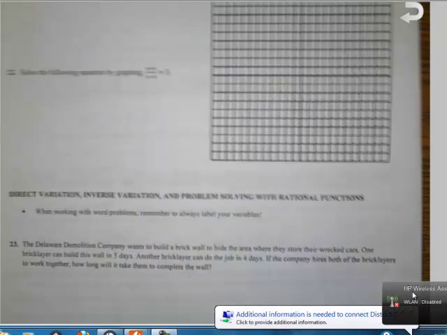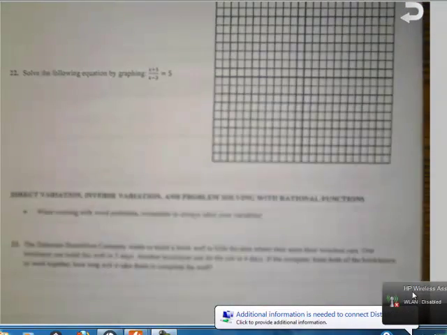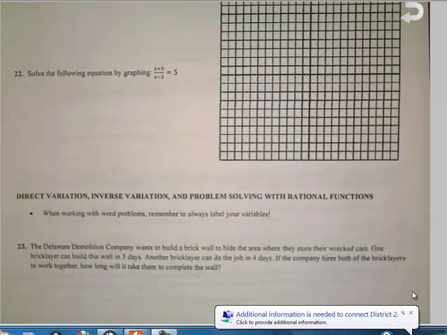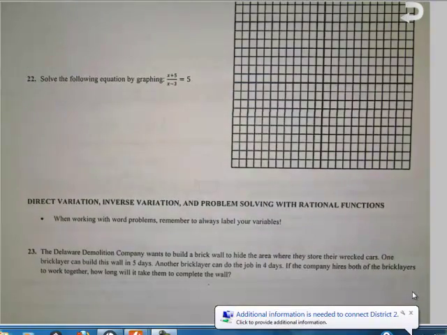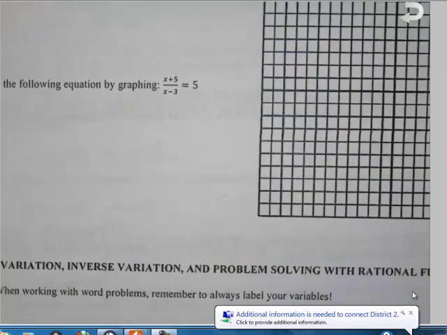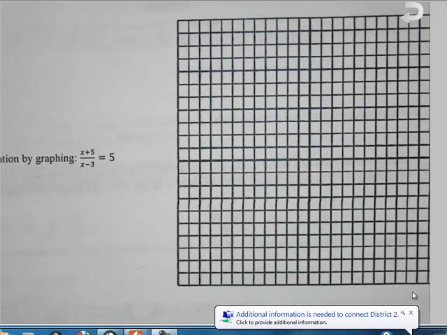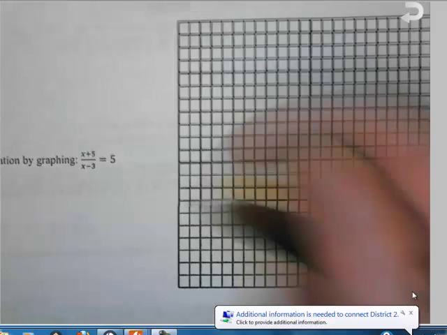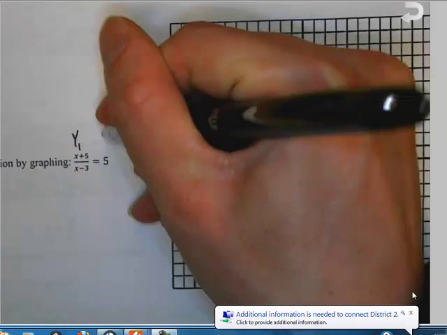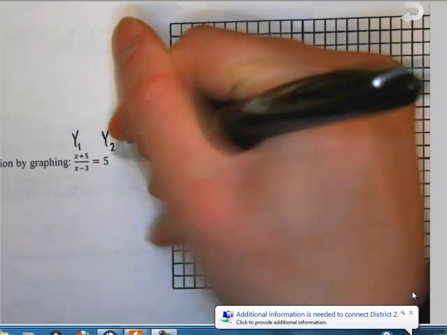All right, let's zoom that in. Get this straightened out. For 22, they were asking you to solve by graphing, and what they've done is give you the equation, so this is going to be your y1, and this is going to be your y2.